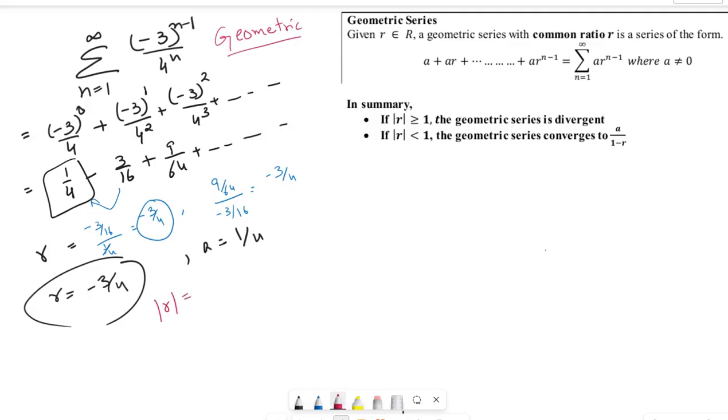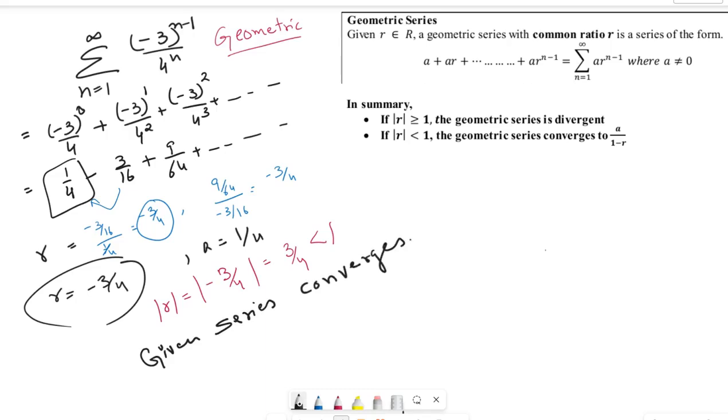Absolute value of r will be the absolute value of -3/4. Although this is an alternating series, you guys notice, when you take the absolute value, this is just 3/4, which is clearly less than 1. Therefore, the given series converges. Once it converges, you should be able to find the sum.